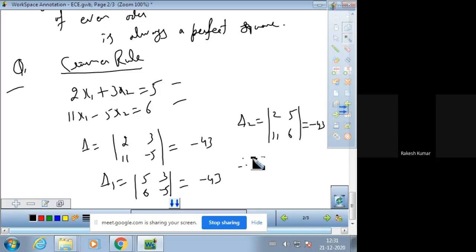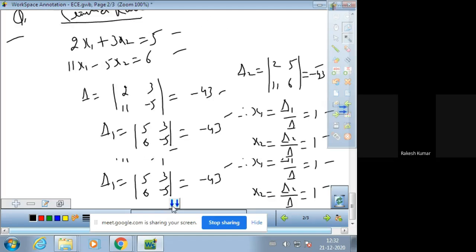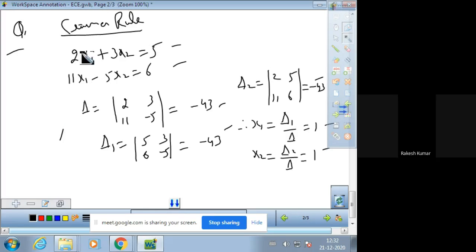So Cramer's rule says that for finding the first unknown, we should have delta 1 over delta, and for finding the second unknown, delta 2 over delta. Because all three values are the same, you will have 1 as the value of these unknowns. So clearly, 1 should satisfy this system.